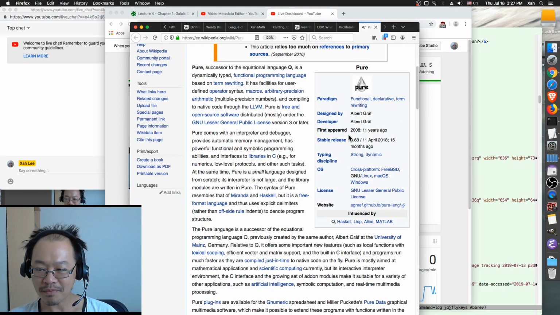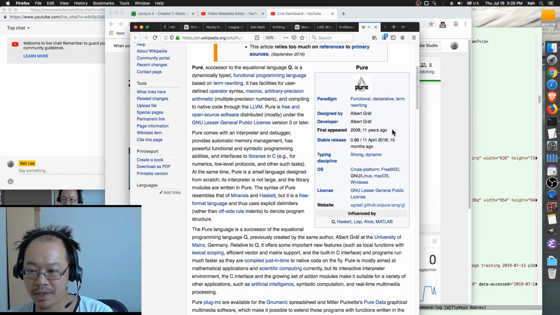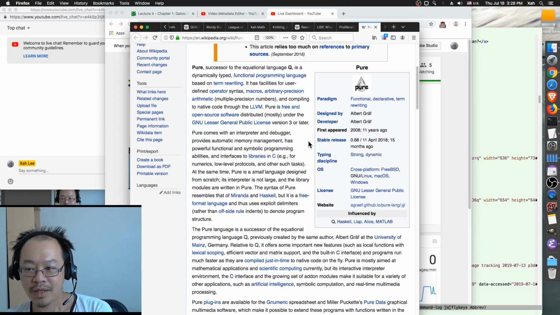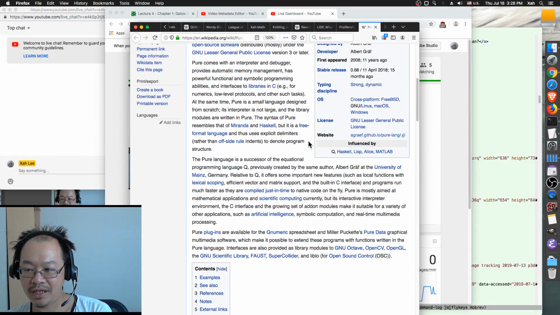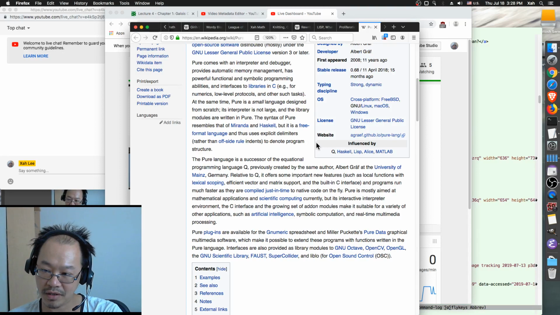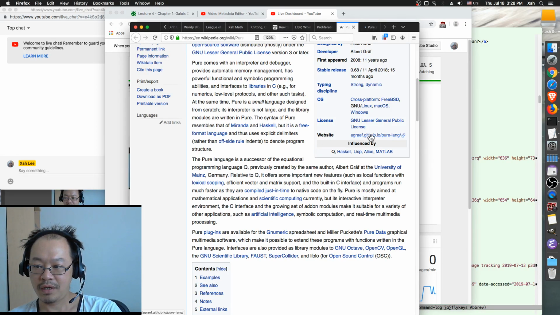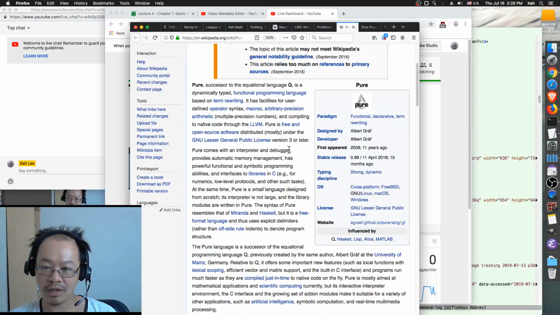Pure came from another language called Q, by the same guy, I think. I haven't tried the language, by the way. Stable release April 2018, so it looks like it's still active, but I've never heard anyone else mention it. But anyway, this language can do pattern matching.